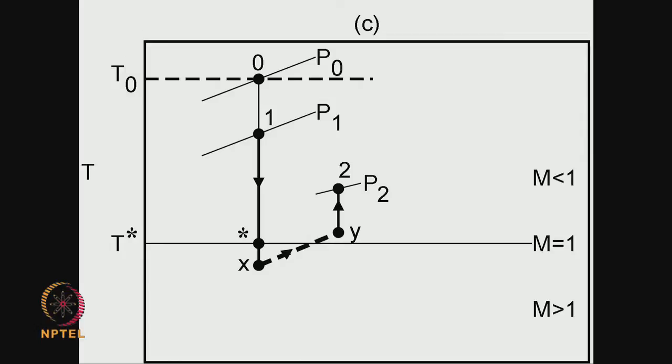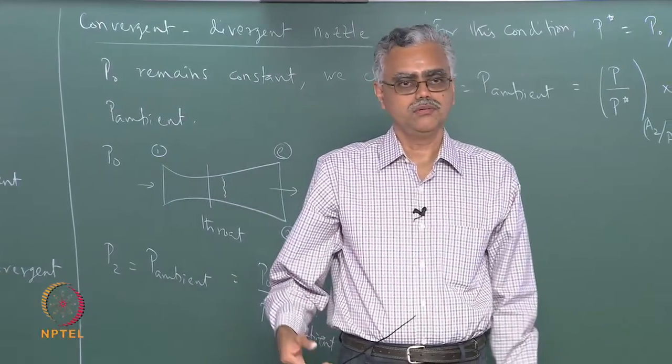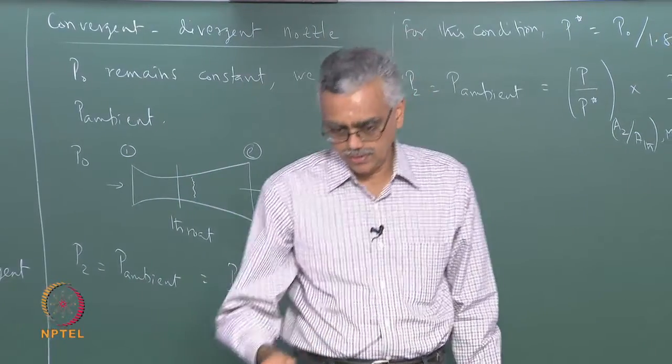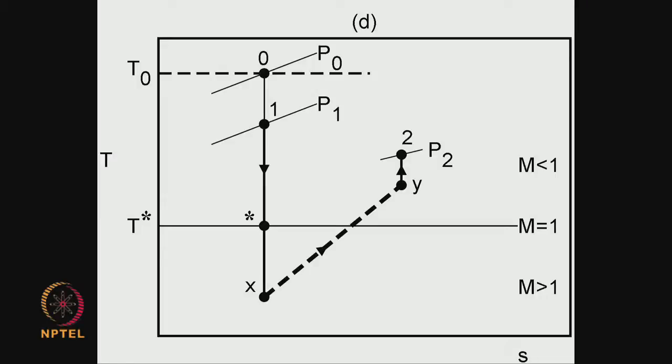Now what happens if I lower the pressure some more? Then I get a situation like this where the flow accelerates even more in the divergent part of the nozzle, because it sees a further lowering of the pressure. But when it accelerates a little bit more, the shock also becomes stronger, because as you can see, this is the M equal to 1 line.